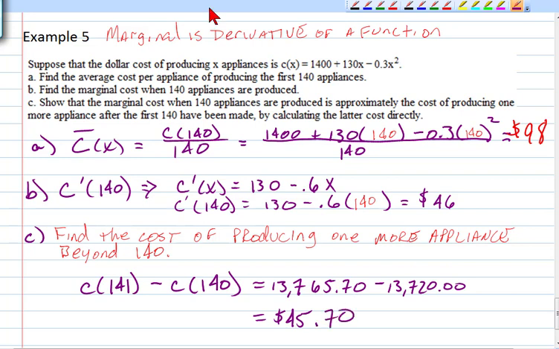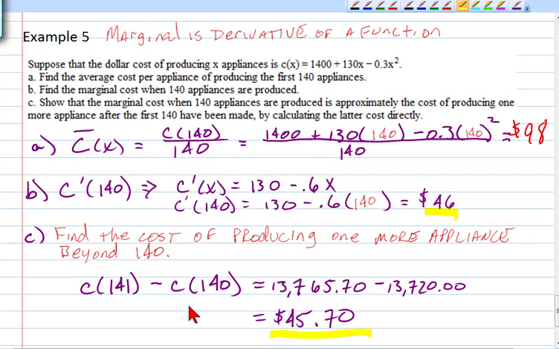So the marginal value right here is very close to the actual cost of producing the next item. It's easier to calculate a marginal than it is to go through and find this difference. It's just quicker. So anyway, that's how you use a marginal.